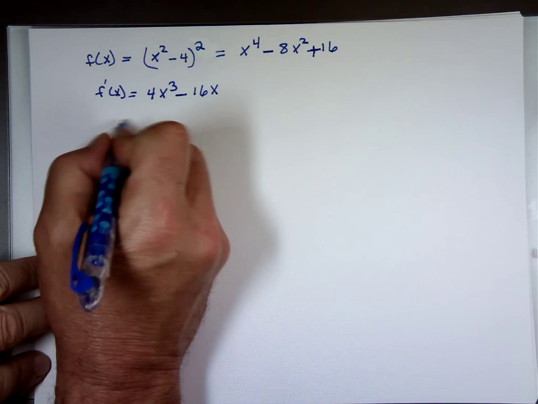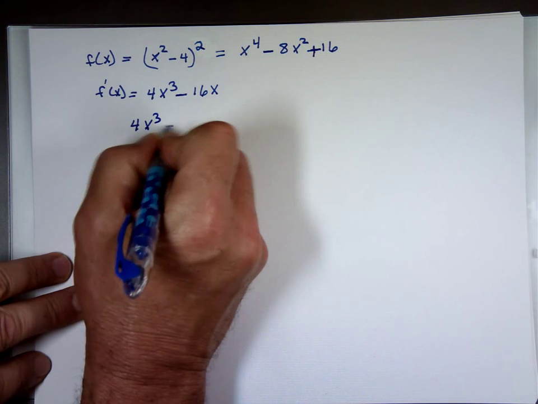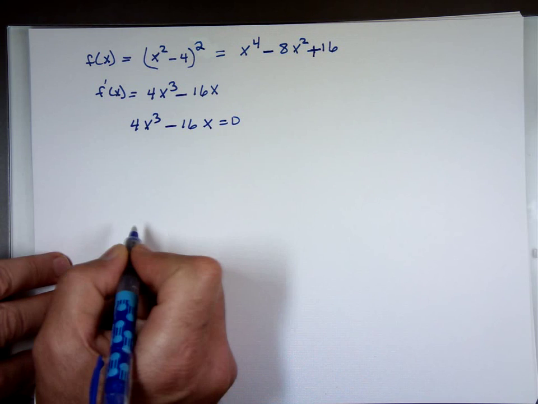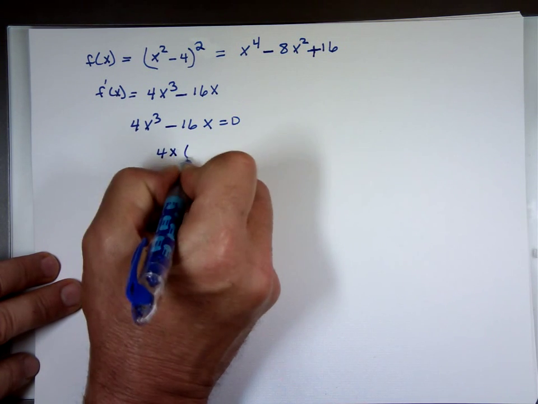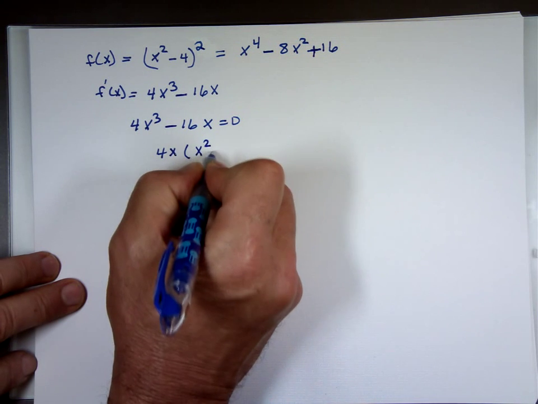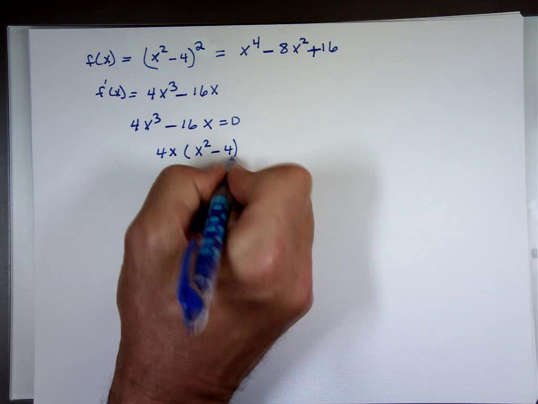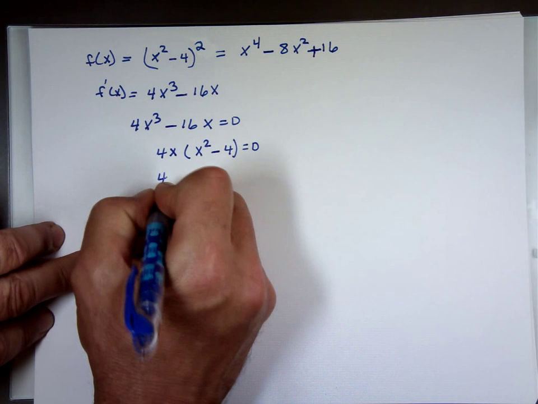So let's take the first derivative and set it equal to 0, to find the critical values. Factor 4x out. What's left? x squared minus what? 4? Set it equal to 0.